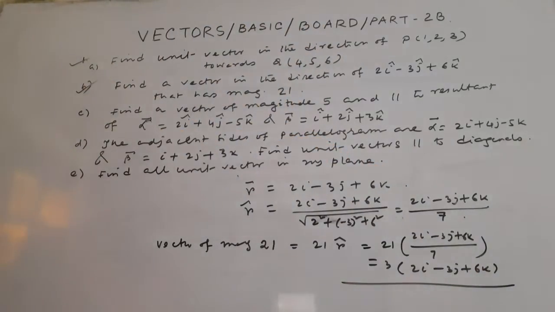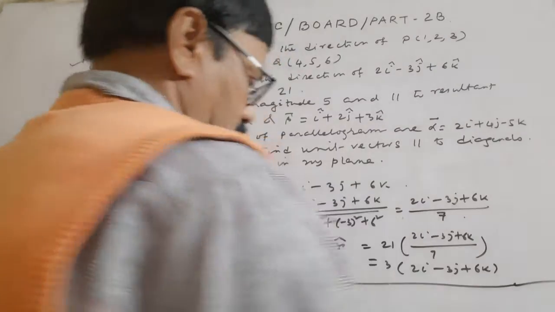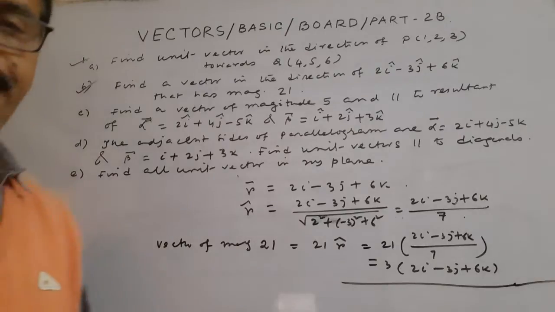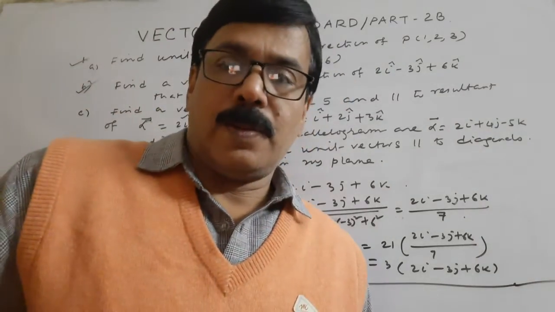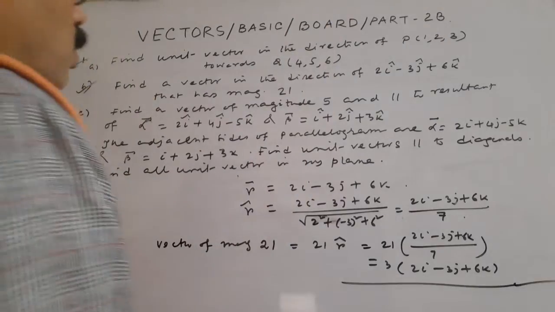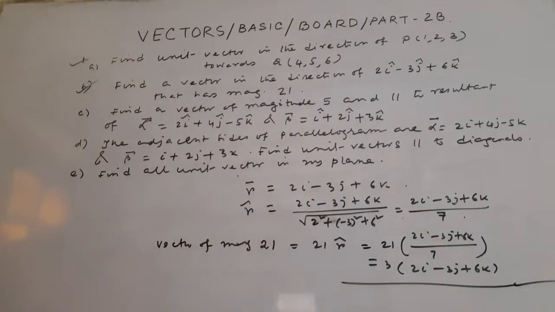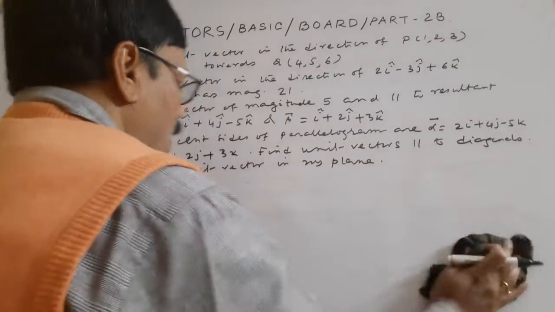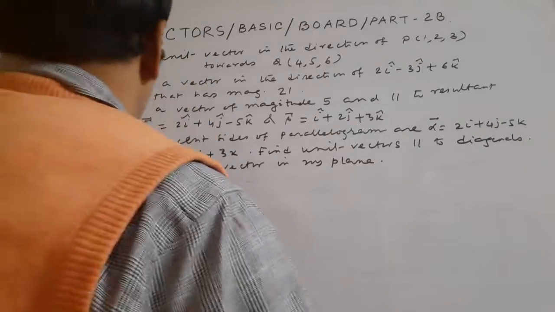So this is the required vector of magnitude 21. These are all board's problems and very simple problems. Look, 2 marks problems only, 1 to 2 marks.